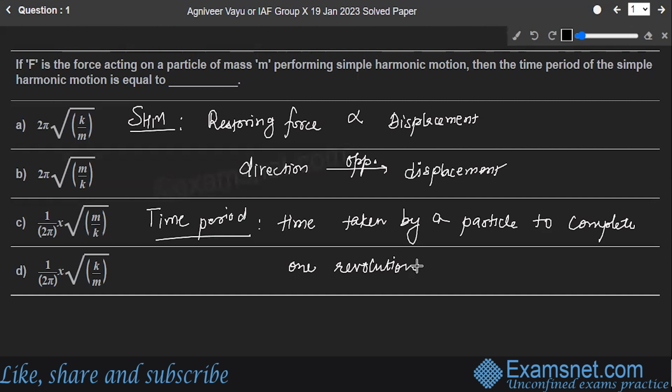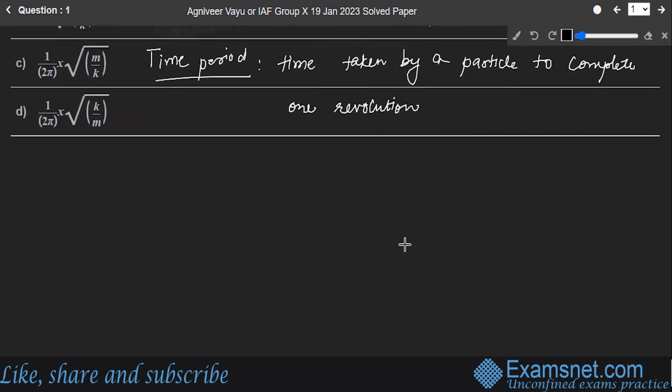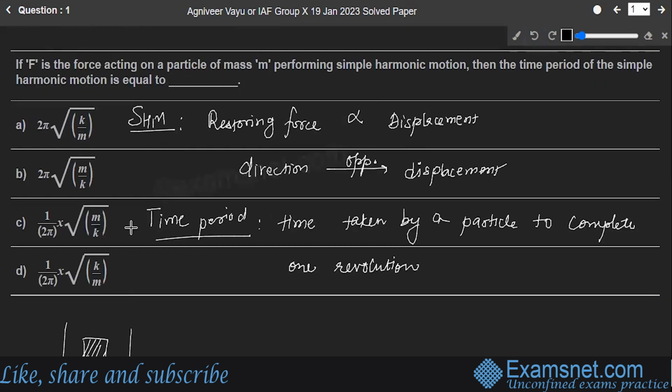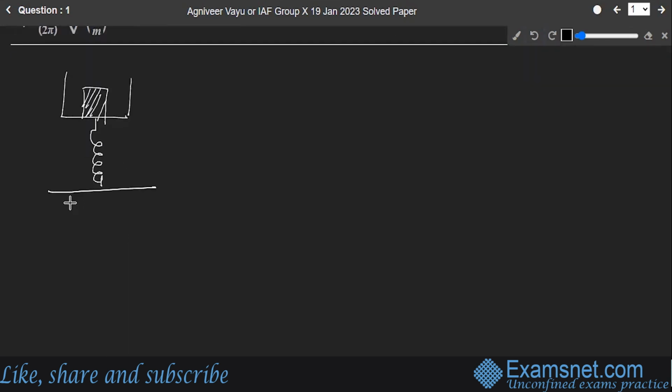This is called the time period, and the time period of a spring block system doing the simple harmonic motion is given by, see, if you are having a system like this where you have kept some mass over here and a spring is attached to this one. This is having the mass m and this spring is the constant k.